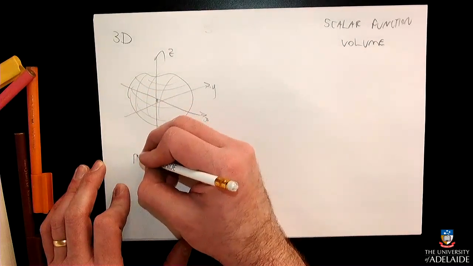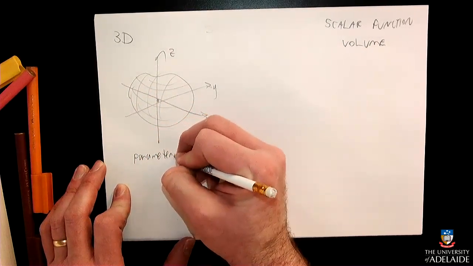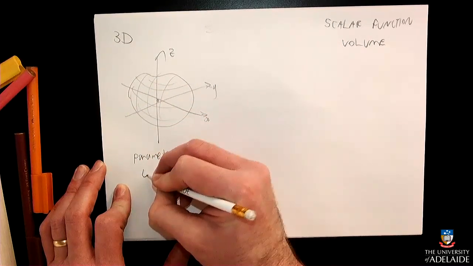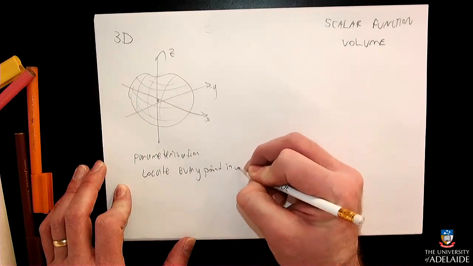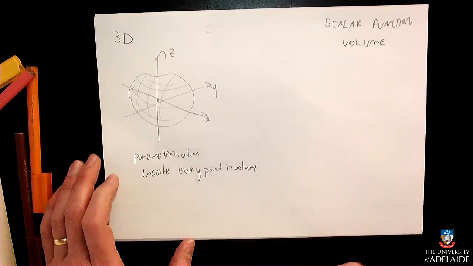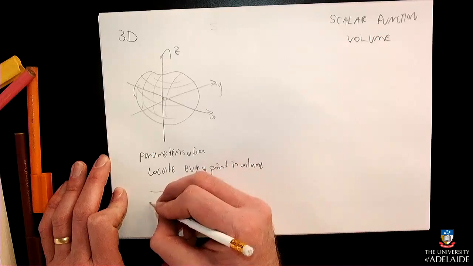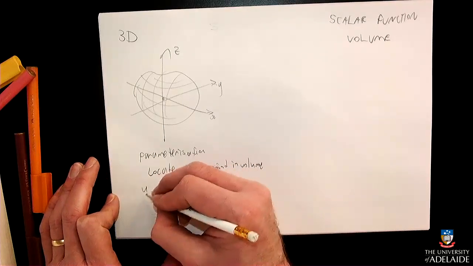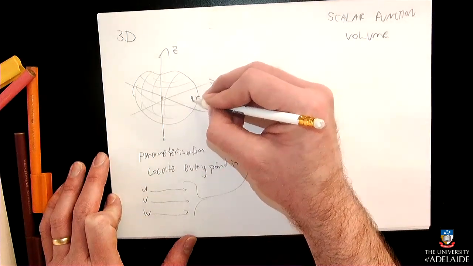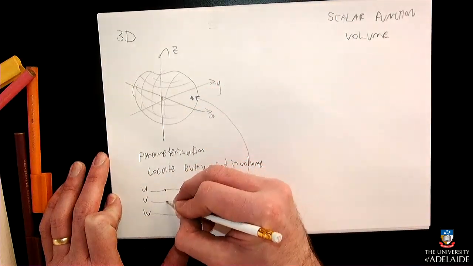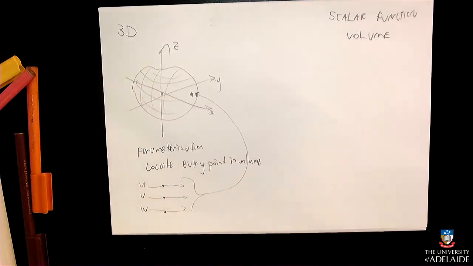So I need to locate every point in the volume, and I will need 3 different variables to do this. So you might even use just the x-coordinate, the y-coordinate, and the z-coordinate, if you want. But you may also use completely different things.